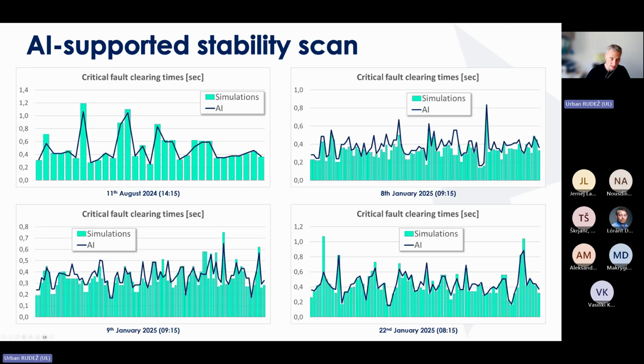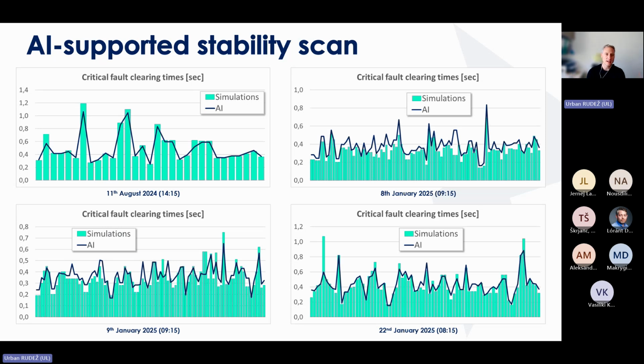The second thing was AI support. Here on this slide, I'm showing you how the AI guesses the actual results. With the green bars, I'm showing you the results of the critical clearing time. This is one of the indices we were observing. These results were obtained by the dynamic simulation, so we're considering these green columns to be the correct value.